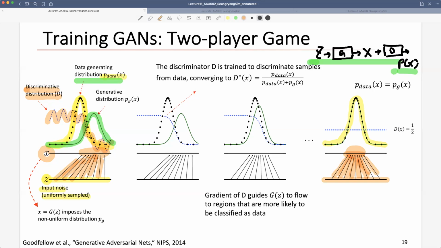Then the question is, how can I make our generator generate samples like this? So first of all, in just one step, we train the discriminator to discriminate the samples from data. It's going to look like this.